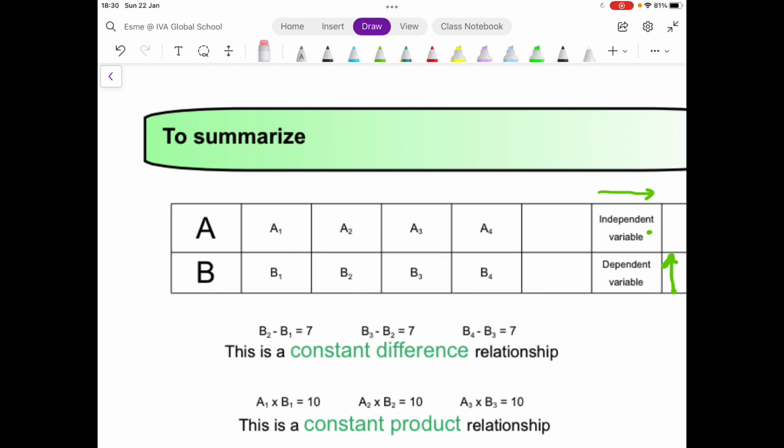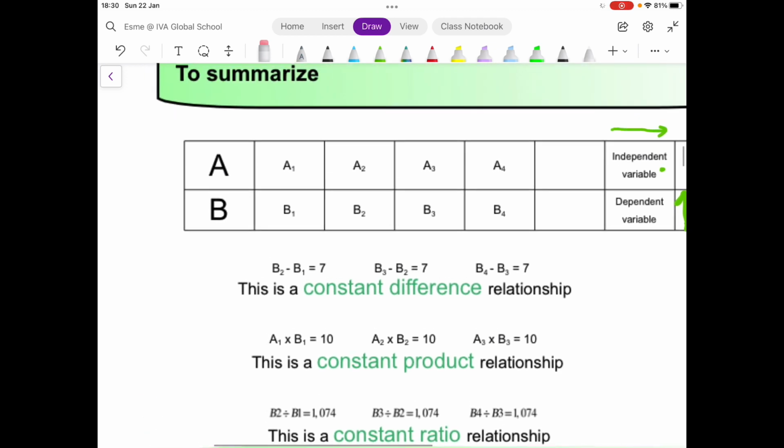Constant ratio is if I take B2, so I say B2 divided by B1, I get 1.074. B3 divided by B2, 1.074, and that divided by that would give you the same. That is a constant ratio relationship.